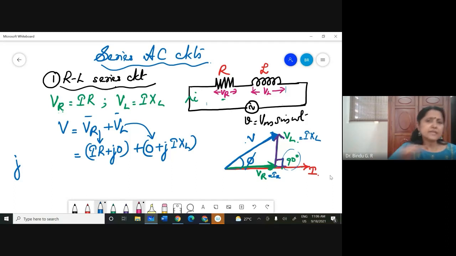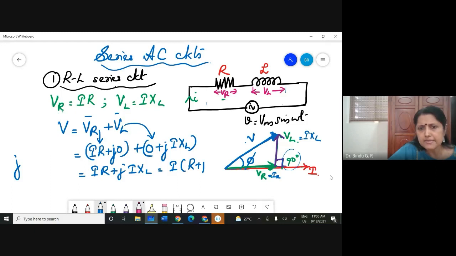They are shifted by 90 degrees. Or I can write this as IR plus JIXL, or I into R plus JXL.